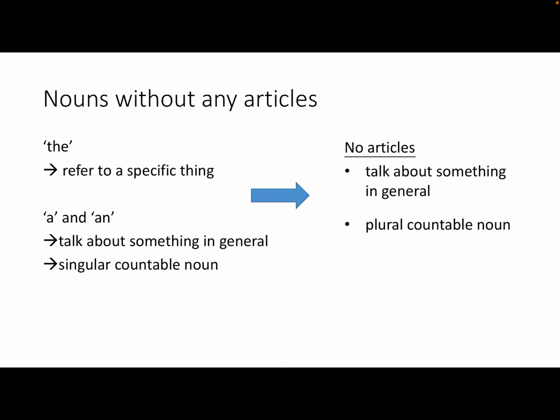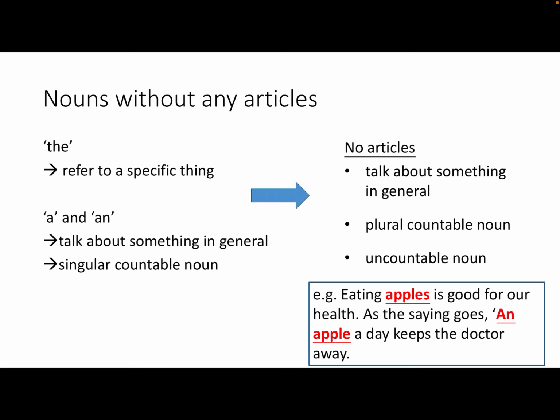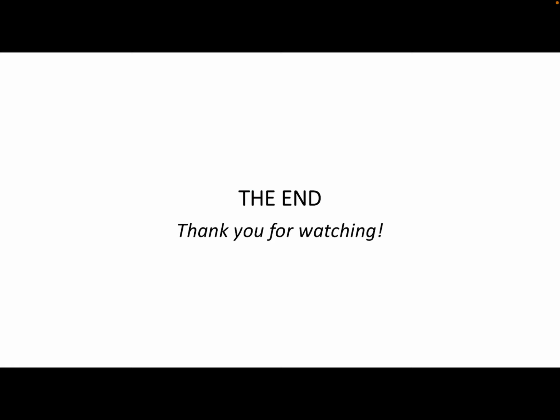In other words, we don't need to add any article when we talk about something in general, and the noun is either plural countable or simply uncountable. For example, eating apples is good for our health. As the saying goes, an apple a day keeps the doctor away. Both apples are something in general, not any particular apple. But since apples is a plural countable, we can skip the article. But the other apple is a singular countable, so the article an is needed.